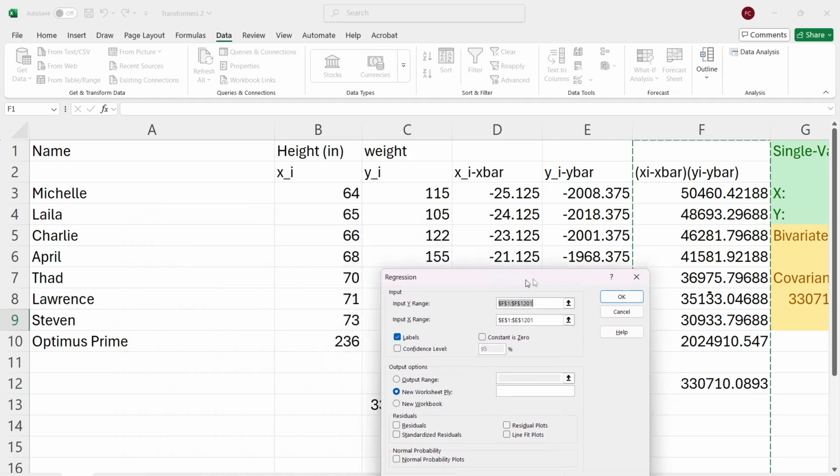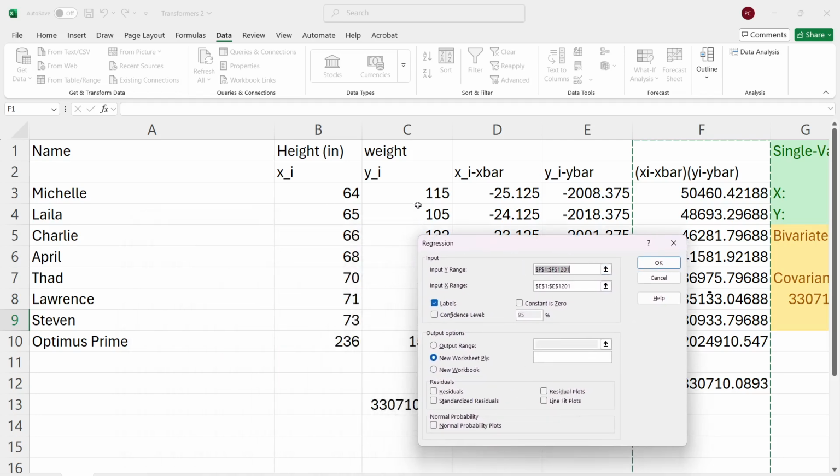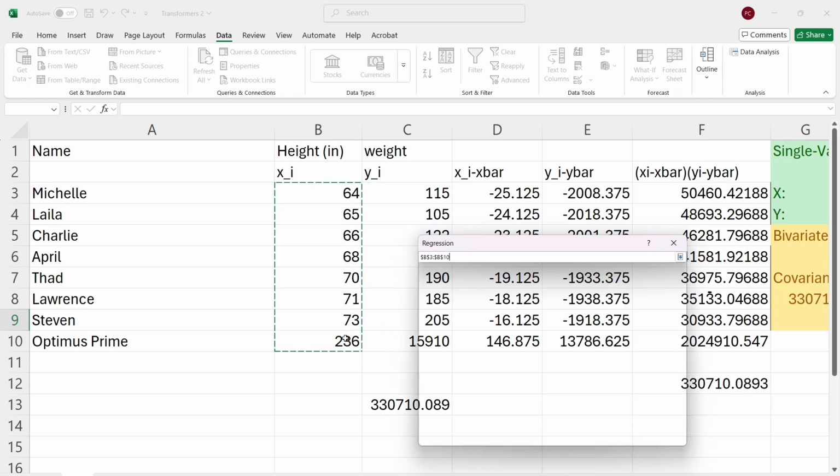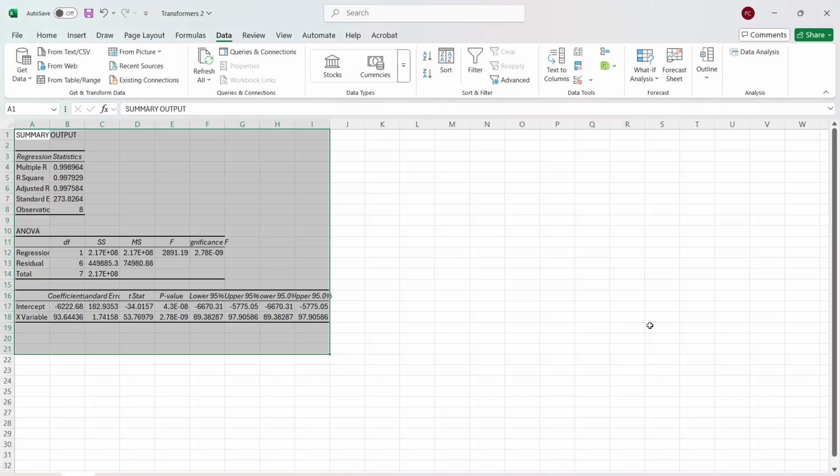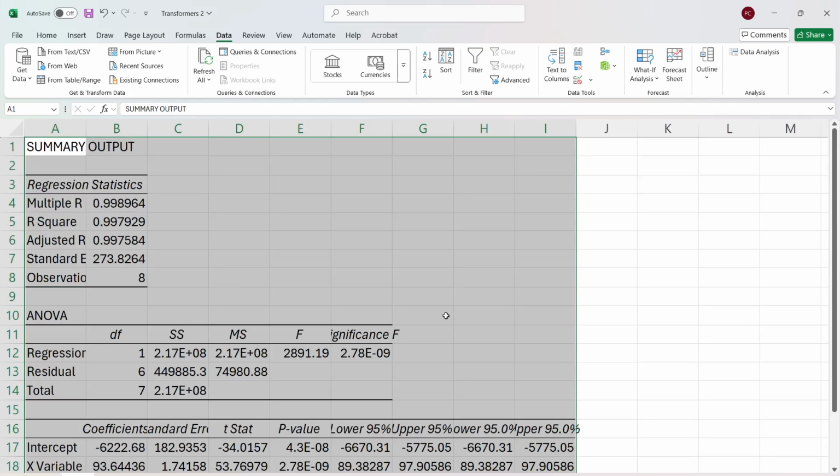Let's go ahead and highlight the y range, which is these 8 observations. Let's go ahead and highlight the x range, which is these 8 numbers. I don't have labels. A new worksheet is perfectly fine. I don't need residuals. Let's hit OK. And Excel will give me this regression output.